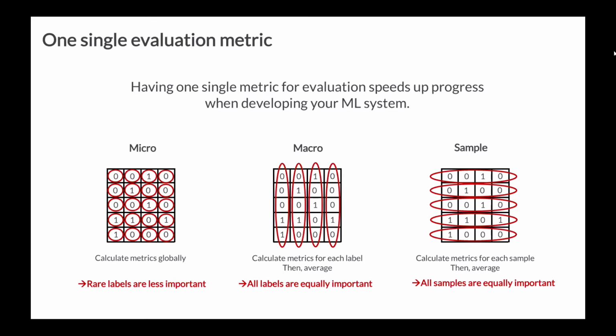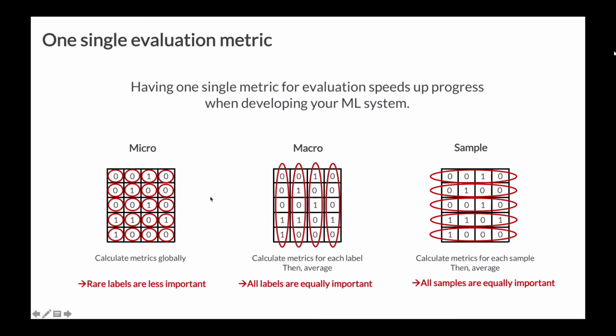So to compute a metric, we need the matrix of real values and the matrix of predicted values, the predicted binary outcomes. And in case of multi-label classification, we can represent the prediction matrix as follows. So we have vertically the observations and horizontally the outcome for each target column.